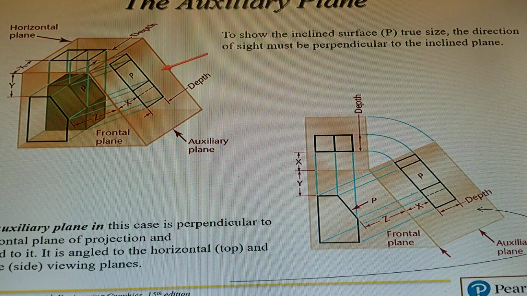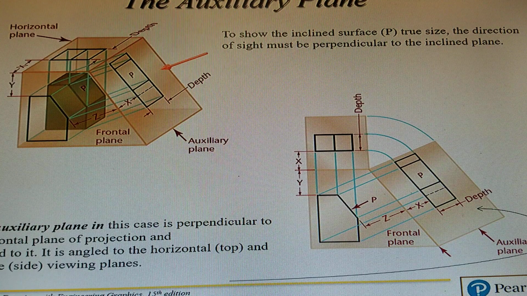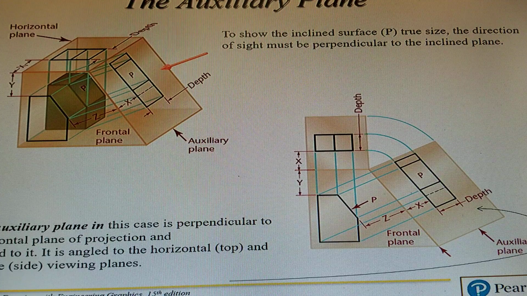So here we are, the auxiliary view to show the inclined surface P, true size. The direction of sight must be perpendicular to the inclined plane. So that inclined plane is not vertical or horizontal. It's at an angle, so we're going to draw lines, project out 90 degrees from that angle. The auxiliary plane in this case is perpendicular to the frontal plane of projection and hinged to it. It is angled to the horizontal, top, and profile viewing planes.